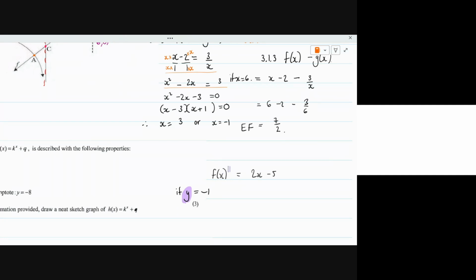Y is the function in x. So I need to replace all of that with negative 1. I'm working my way backwards. Negative 1 is equal to 2x minus 5. If I take that over, that becomes plus 5. So 4 is equal to 2x, and then we divide by 2. Therefore, x will be equal to 2. So that gives me the coordinate where x is 2, y is negative 1.